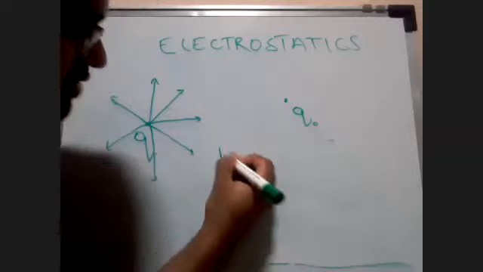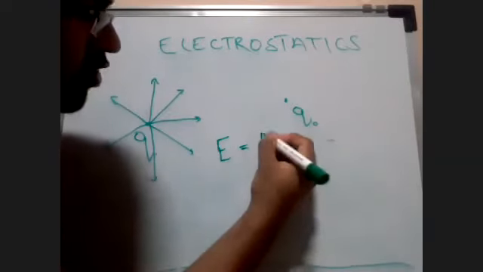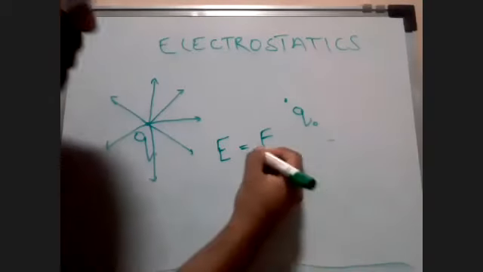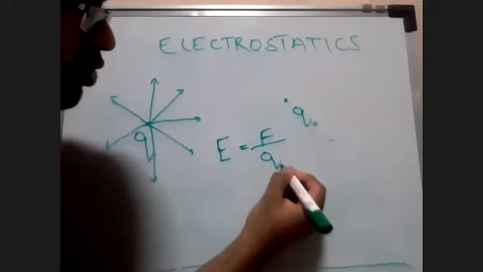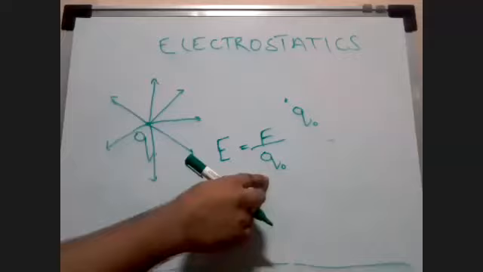Electric field intensity, E, will be the force experienced by this test charge Q naught, upon Q naught. Who is experiencing the force? Q naught is experiencing, so force upon Q naught.